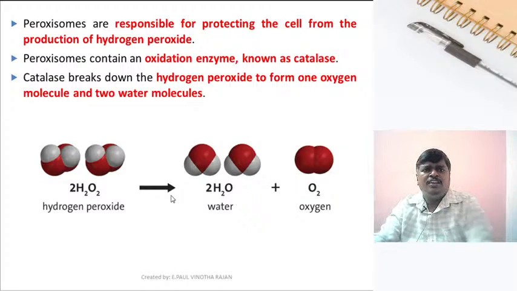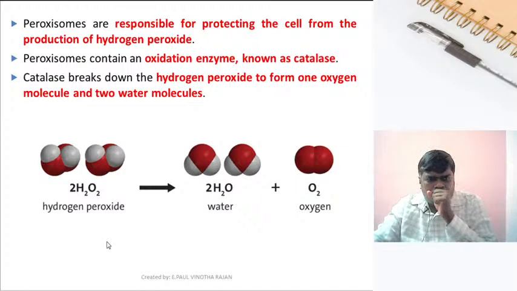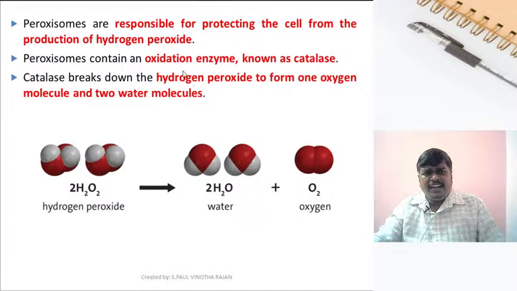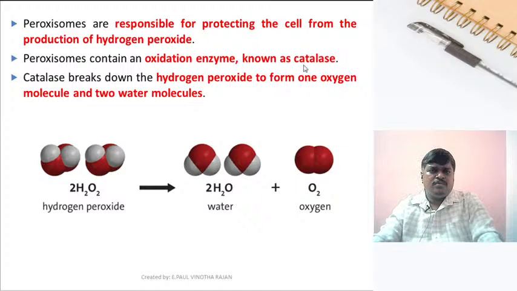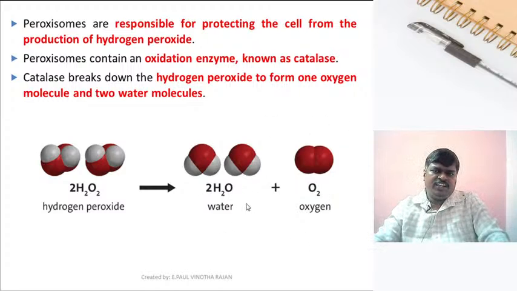The functions: peroxisomes help in the formation of water and oxygen. This peroxisome contains an oxidative enzyme known as catalase. This catalase breaks the hydrogen peroxide that is produced in the cells into water and oxygen.